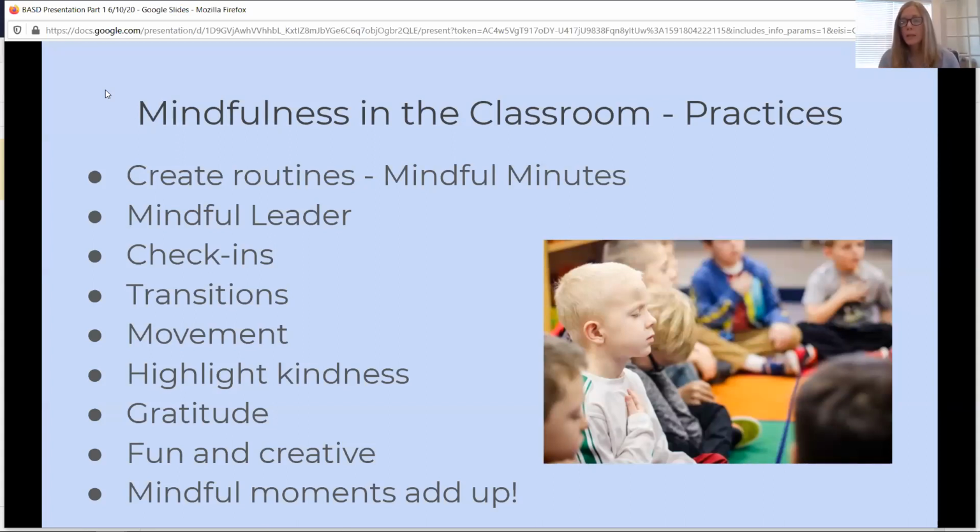So maybe you have a kindness bulletin board and kids fill out a Post-it when they notice a kind action in the classroom, or maybe it's something they saw somewhere else in the school, or it happened outside of school. Or maybe you just talk about it with younger kids during your morning meeting and add something to your kindness bulletin board.